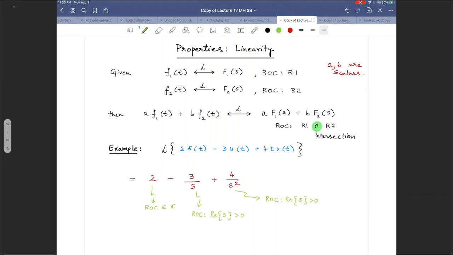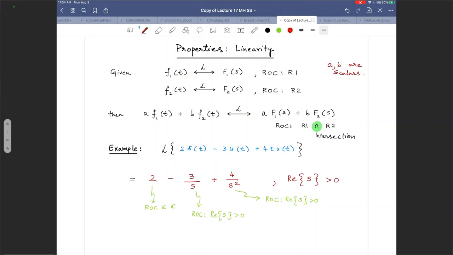So, all complex numbers, greater than 0, greater than 0. The intersection of all those three regions is going to be real part of s greater than 0. So I am going to say the ROC is real part of s greater than 0. That's the answer.